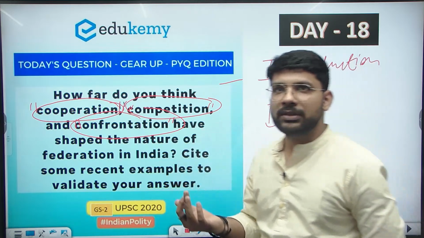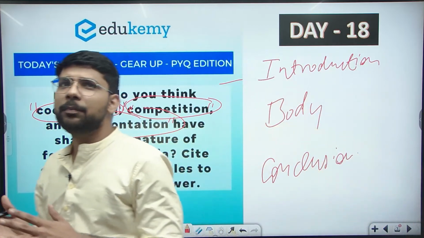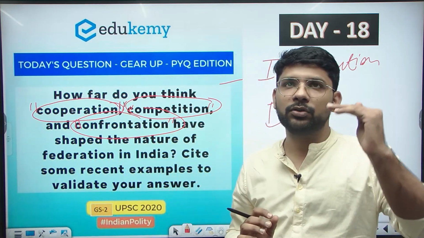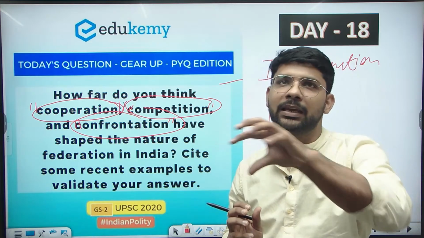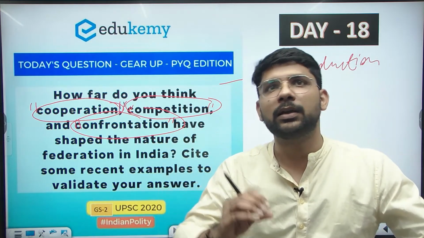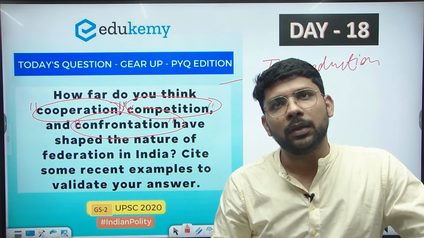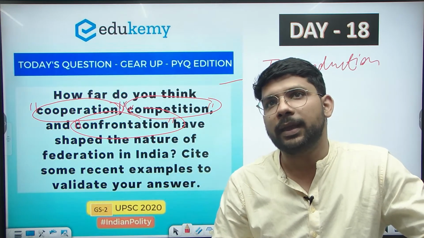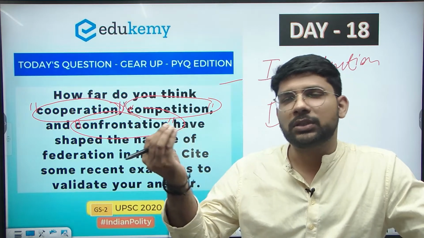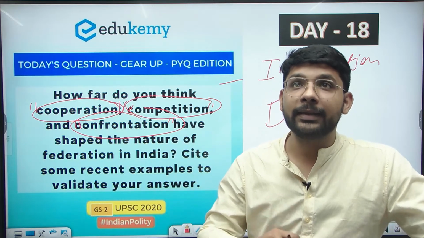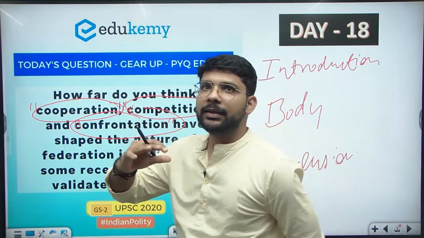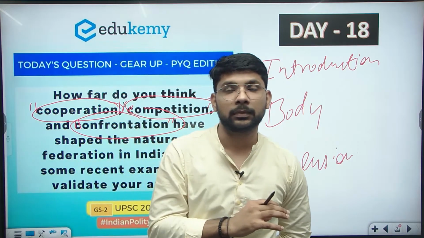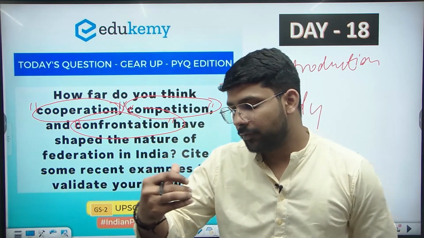The second way of starting the introduction is to mention the recent context where we can see the evolution of federalism on the basis of these three keywords. For example, the recent reports released by NITI Aayog, related to the health index, the sustainable development goal index and the cleanliness index, create competition between different states that makes federalism stronger.